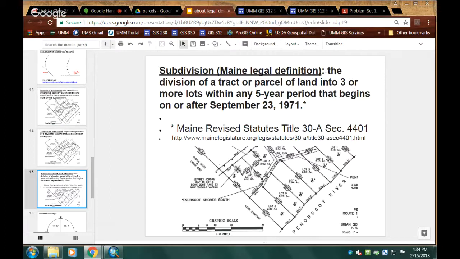Maine has an official definition, which is the division of a tract or parcel of land into 3 or more lots within any 5-year period that begins on or after September 23rd, 1971, which is when this statute, I think, went into effect. So if you chop your lot once and then chop it again, all within 5 years, then you're making a subdivision, and that triggers certain regulations.